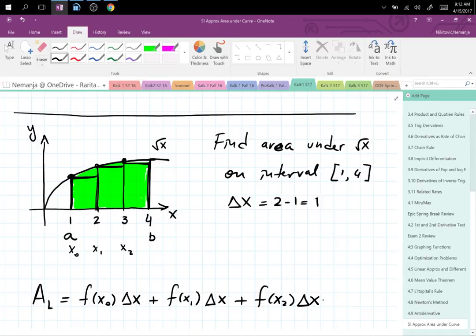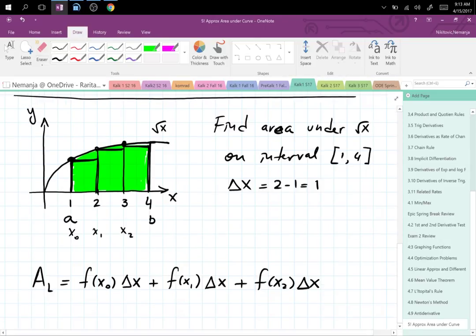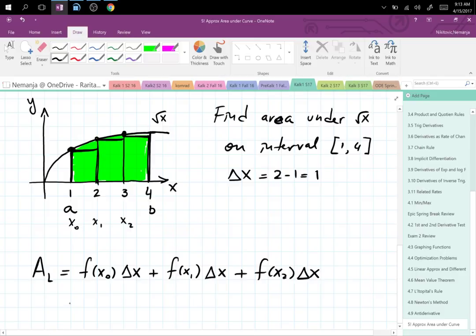You see that the height of each rectangle is the value where you're measuring the height in the function. So now you can see that this is actually f of 1 plus f of 2 plus f of 3, times a common delta x, which I can factor out.